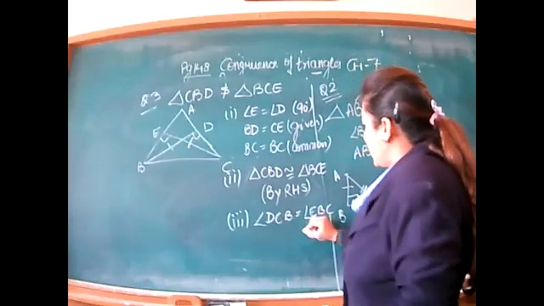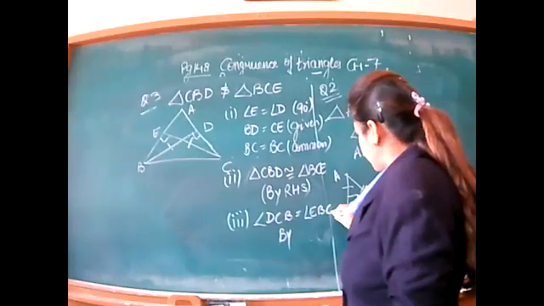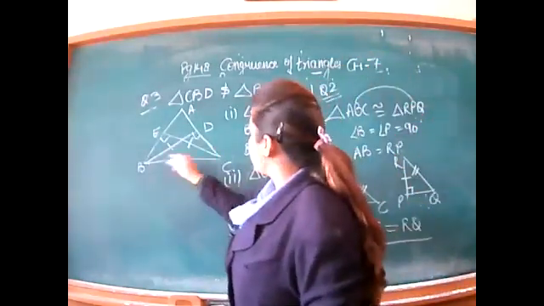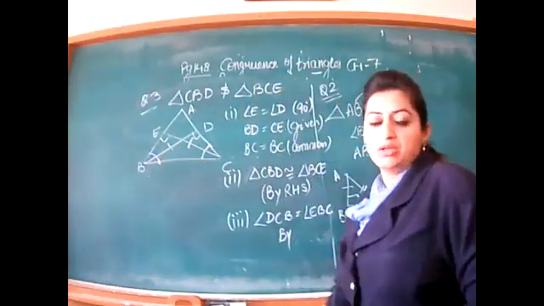Next, is angle DCB equal to angle EBC? Yes. Why? DCB, this angle, and EBC, this angle. Are these two angles equal?